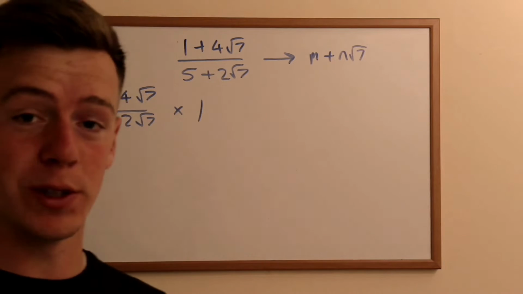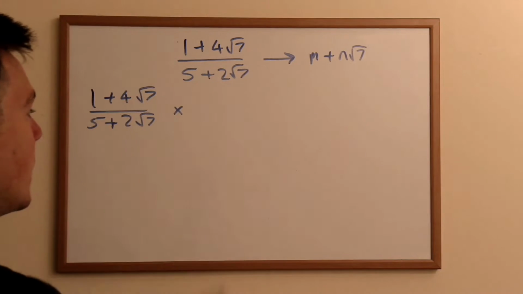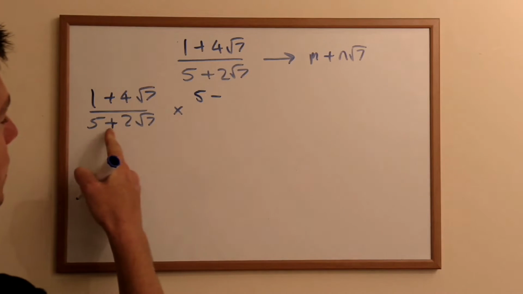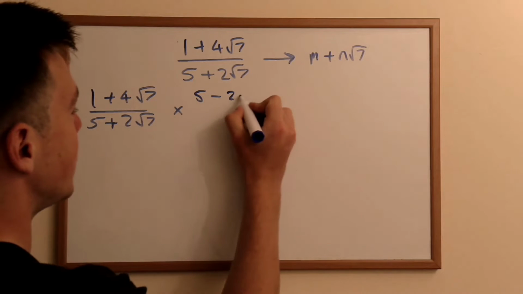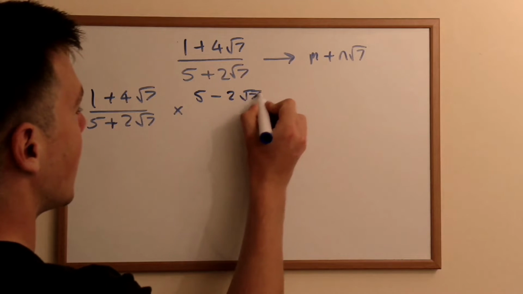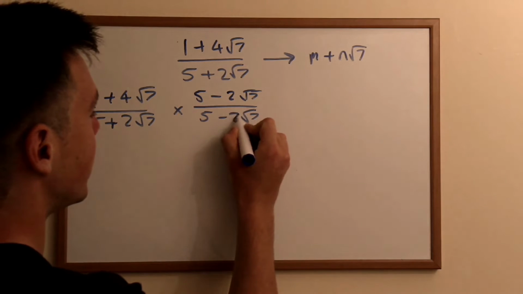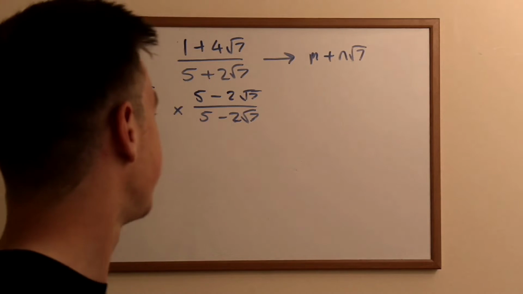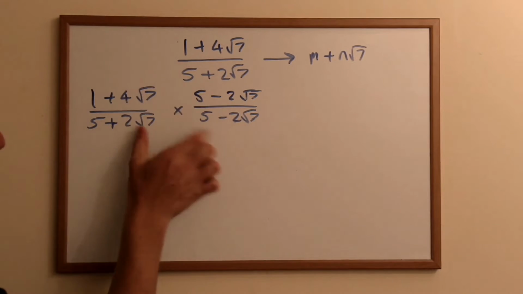So effectively what we do is we rewrite this 1 as 5 minus, right, it's the opposite of here, 5 minus 2 root 7 over 5 minus 2 root 7. So we're timesing it by 1. Now let's multiply the two together.